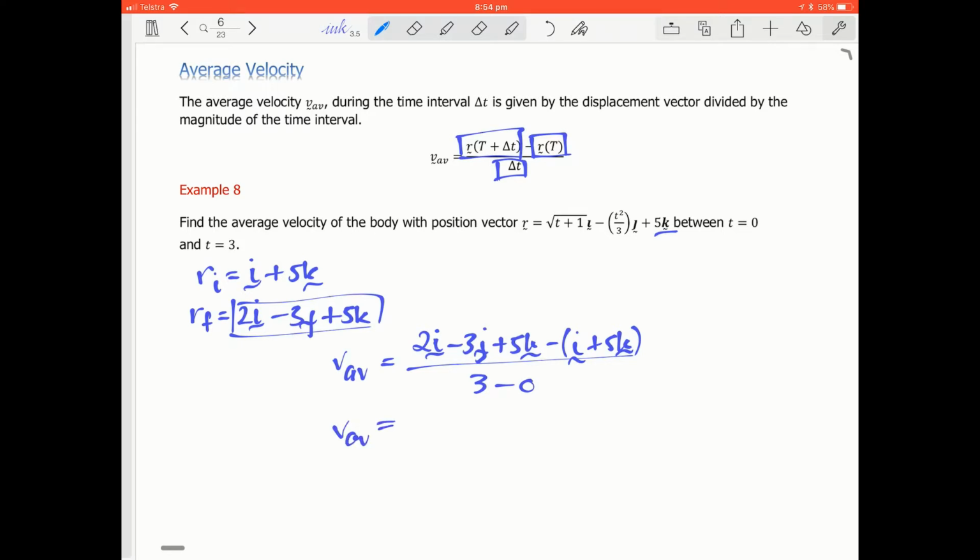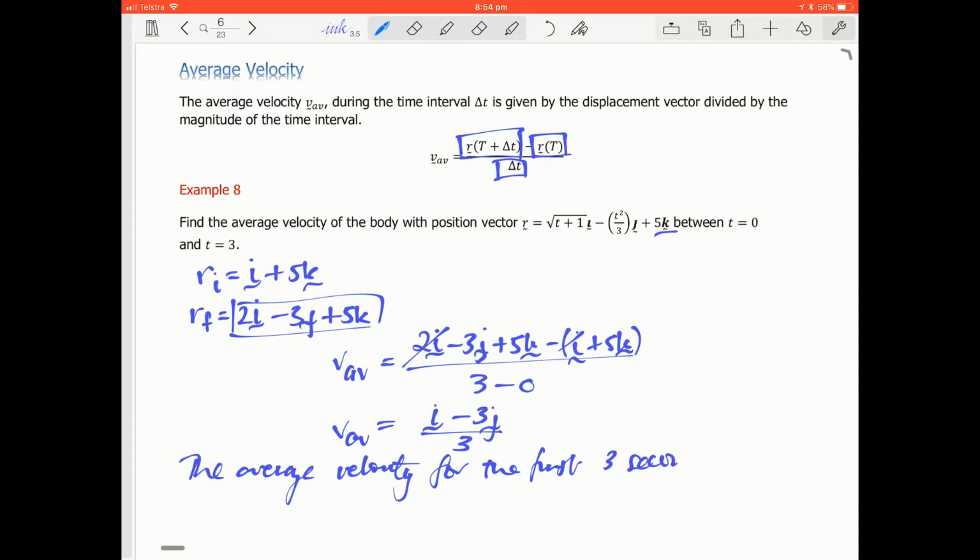So our average velocity is, okay, so I've got 2i minus i, which is i, minus 3j minus nothing, so minus 3j, 5k minus 5k, which is 0, on 3. So my average velocity for the first 3 seconds is 1/3 i minus 3j.